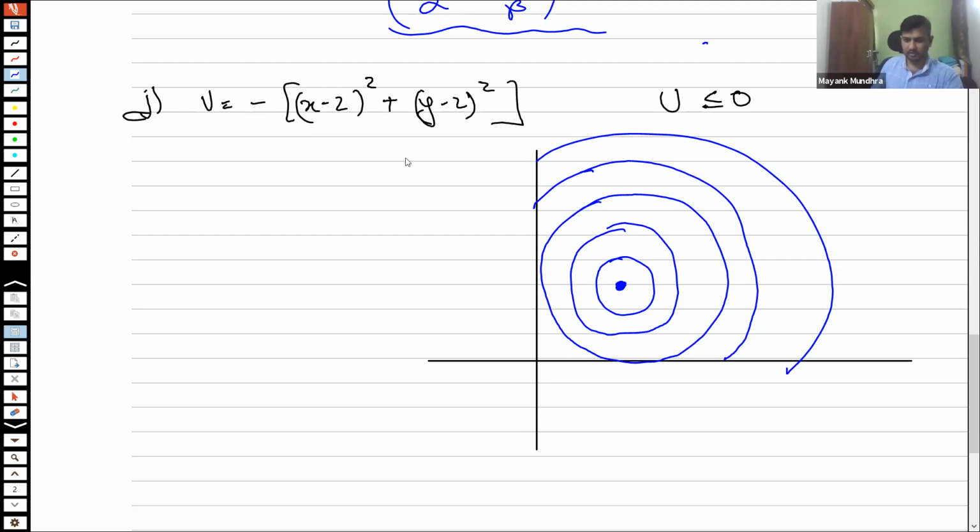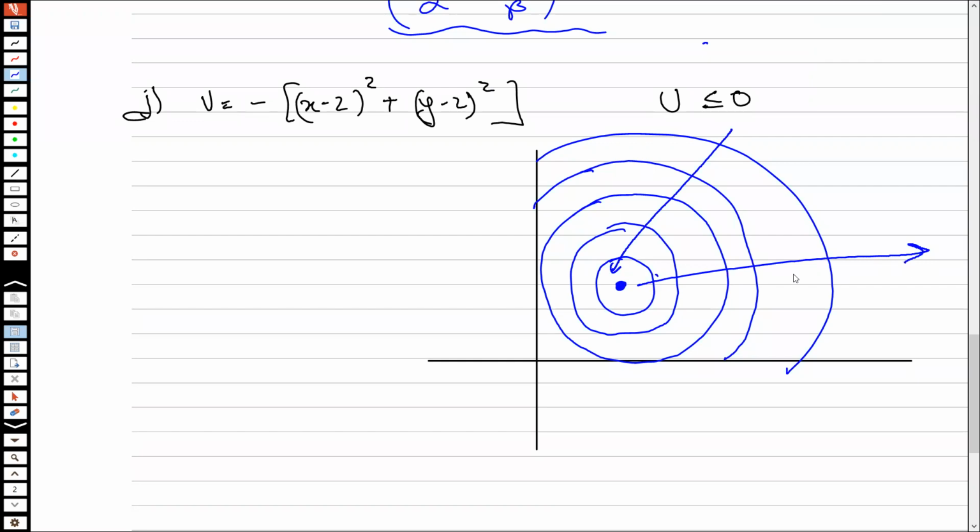It's not very clear, but I can hear you. So my question is, if you were a consumer, are utilities increasing towards this center or away from the center? The away part.